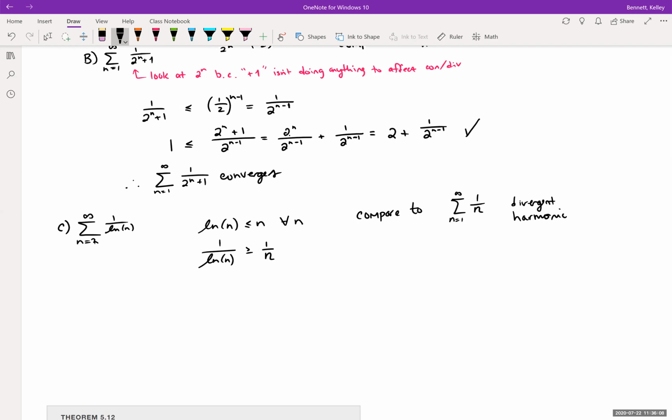And again, the harmonic is just a p series with p equal to 1. So now I've shown that this is bigger than the sequence in a series that is known to be divergent. So you would conclude then that 1 over ln of n is also divergent.